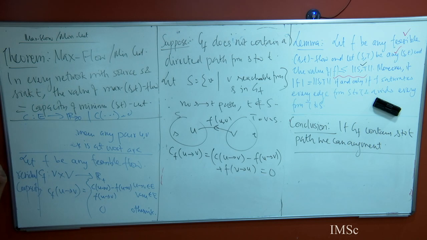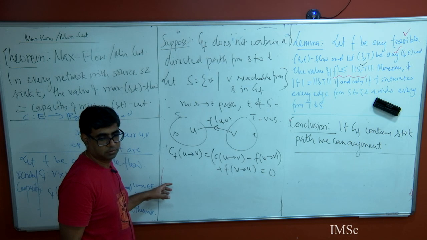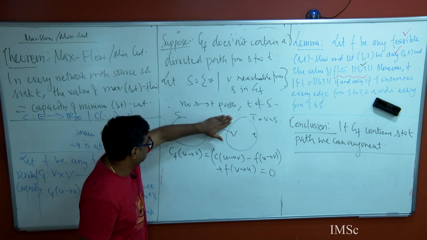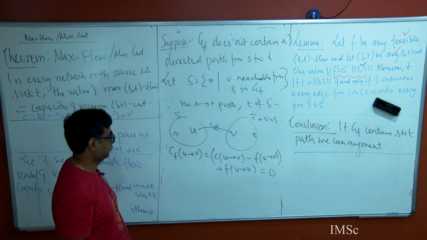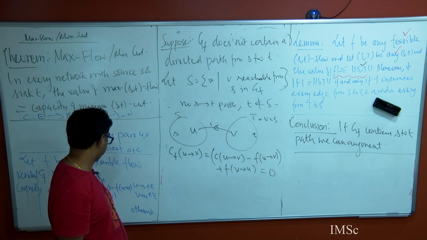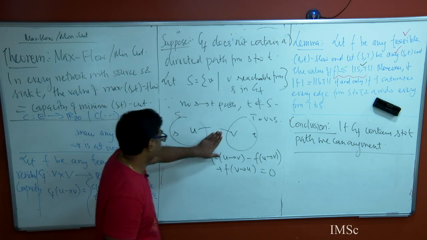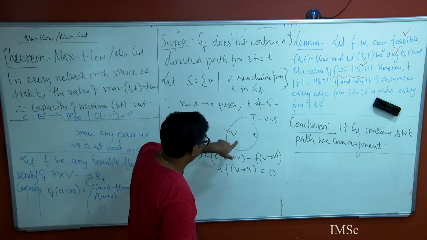Because we added this edge in the residual graph, V to U, with flow V to U. But if we add it in the residual graph, then flow should be from U to V. In the residual graph capacity function, if you have an edge from V to U, then the flow would be U to V. So if there is an edge from U to V, then it's fine, but now we have an edge from V to U.